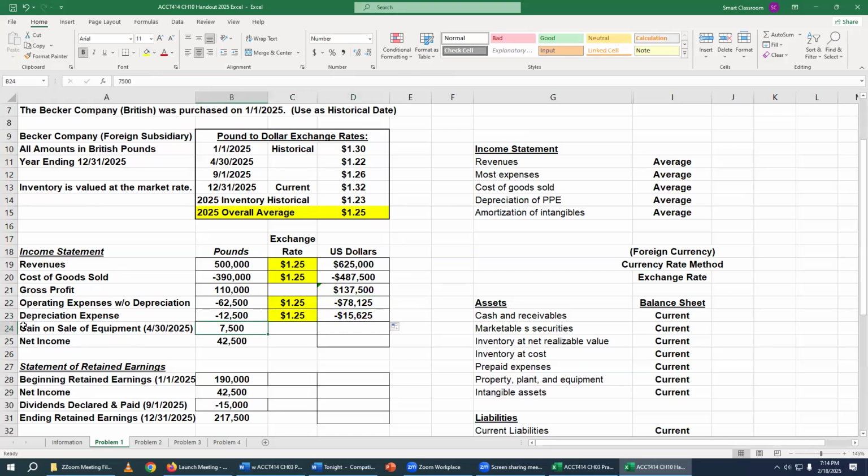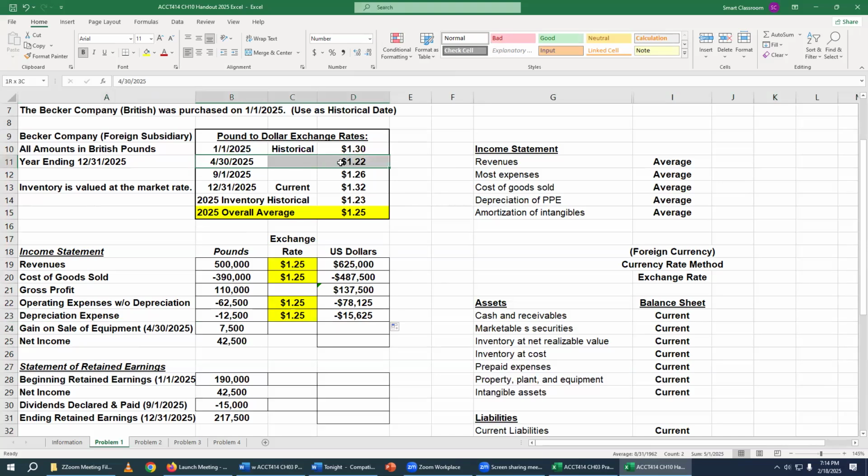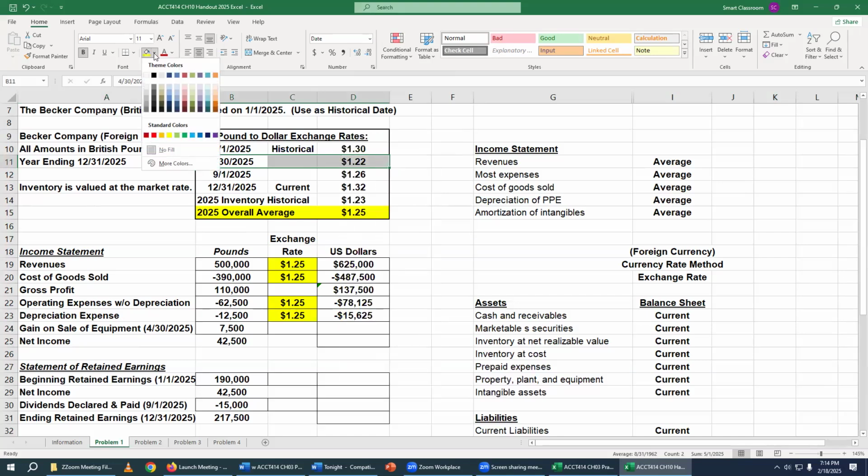Okay, now here's the wacky one. Gain on sale of equipment. Now, this was not done throughout the year. This is done on a specific date. So if it's done on a specific date, we will take that specific date and use that. Let's make it that color, I guess.